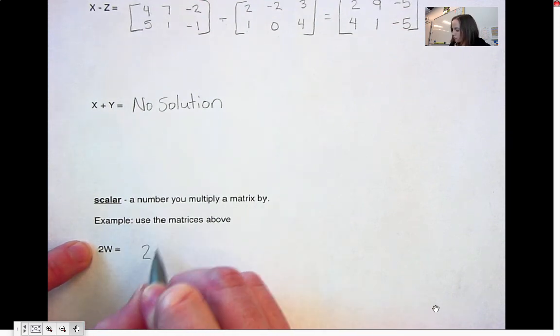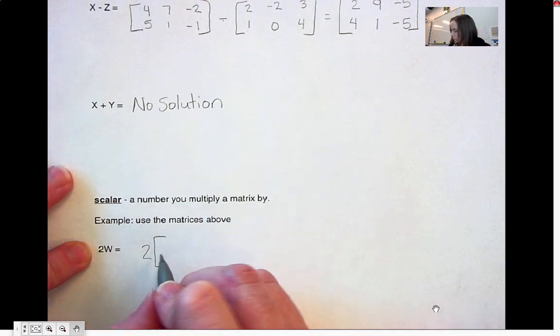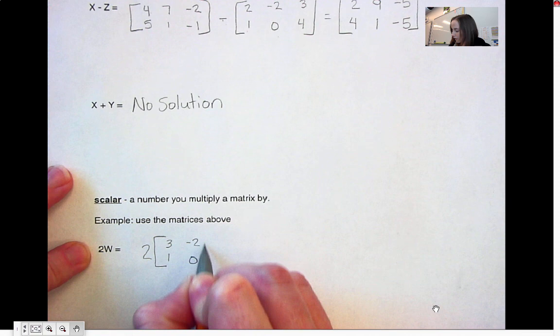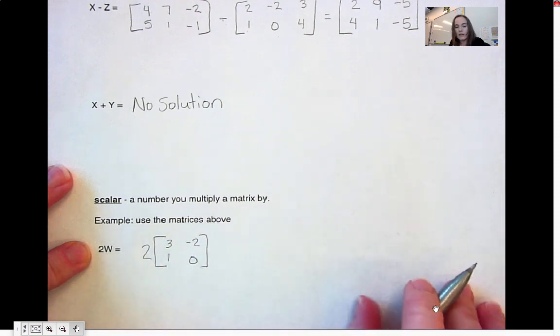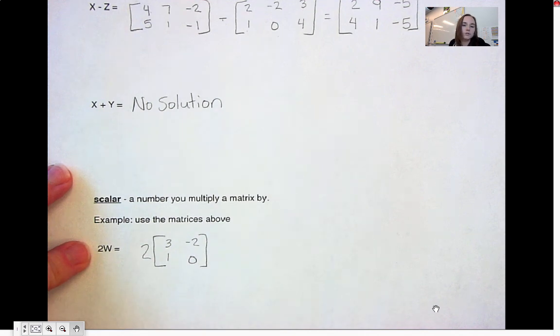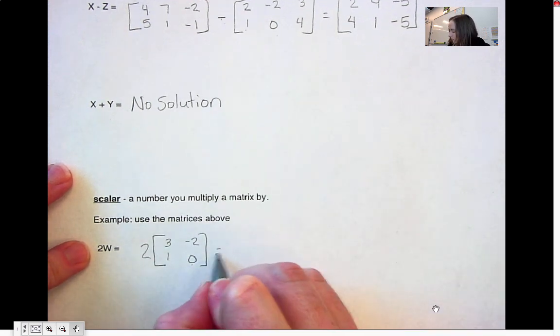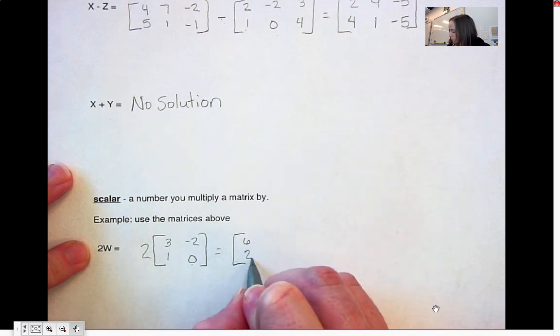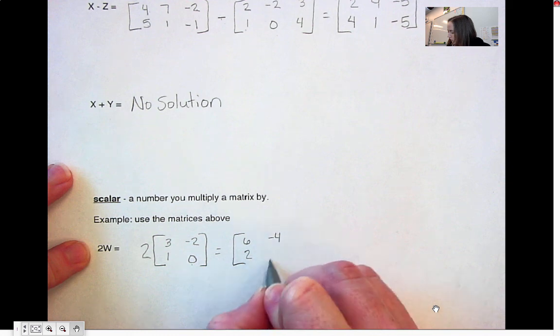So we're going to go 2 times, the matrix for W is 3, 1, -2, 0. I got that from above. And you just distribute, you multiply every number in here by 2. That's all there is to it. So we're going to end up with 6, 2, -4, and 0.